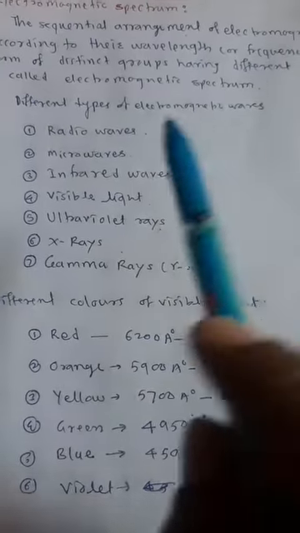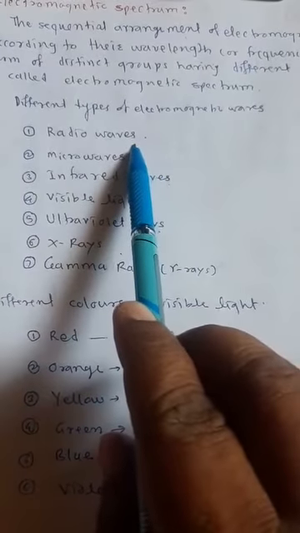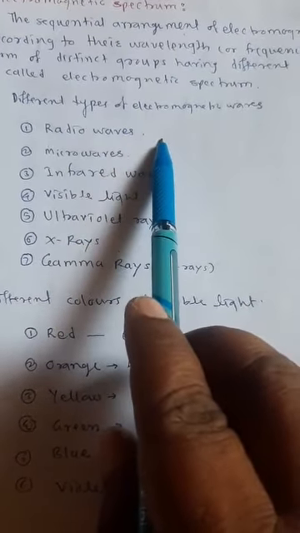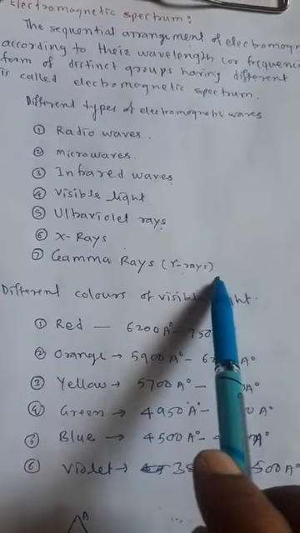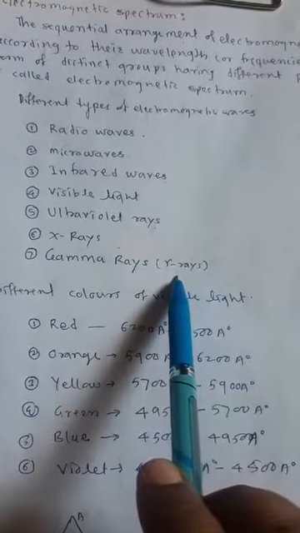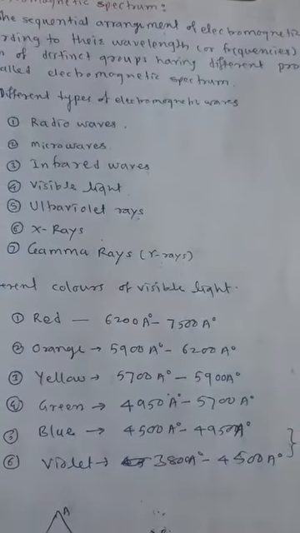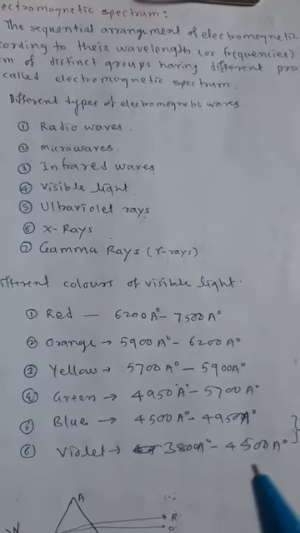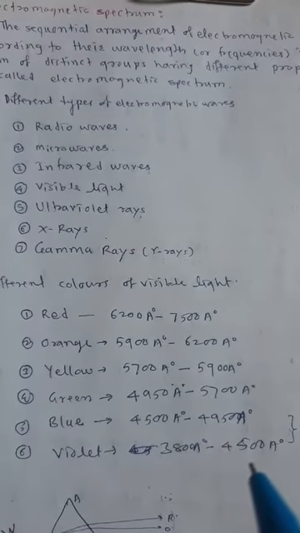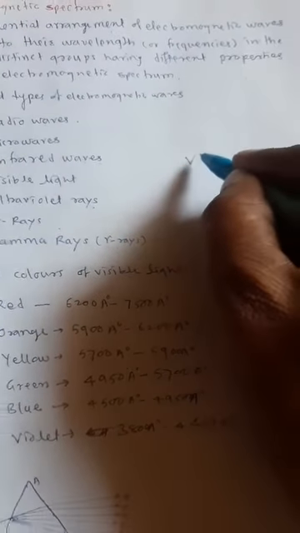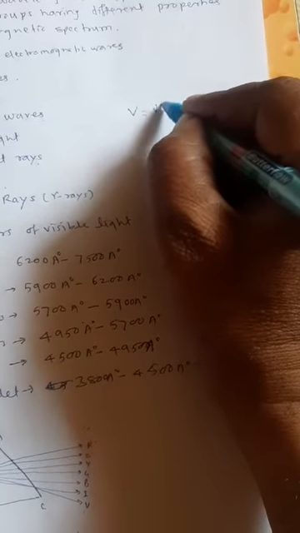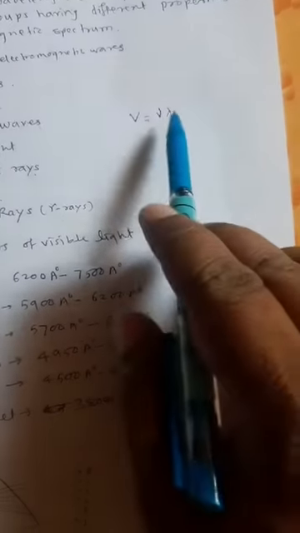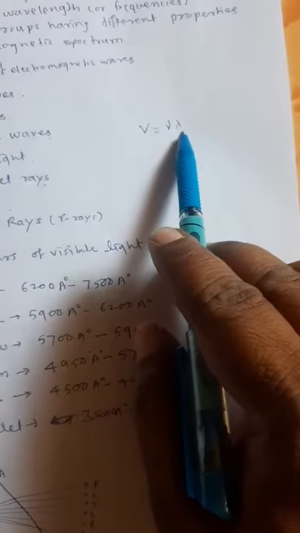The wavelength of radio wave is maximum and frequency is minimum. Similarly, the frequency of gamma rays is maximum and wavelength is minimum, because we know that the speed of the electromagnetic wave is constant in free space, equal to 3 into 10 to the power 8. This speed is given by V equals nu into lambda, where nu is the frequency and lambda is the wavelength.